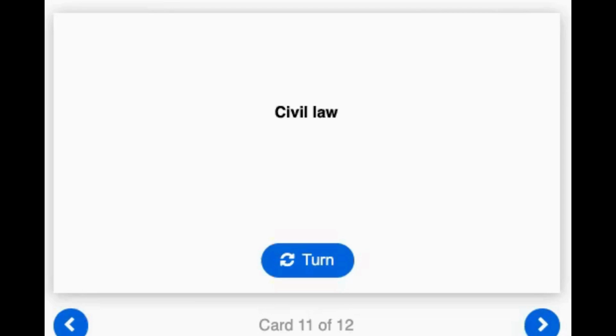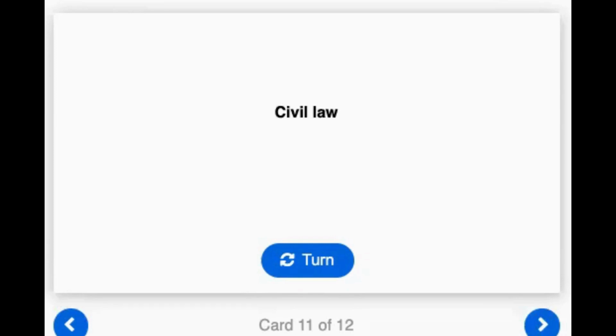But in civil law, when someone violates it, less punishment is given, like some compensation, fines, etc. So there is no prison in civil law, only compensation or fines for the people who violate.